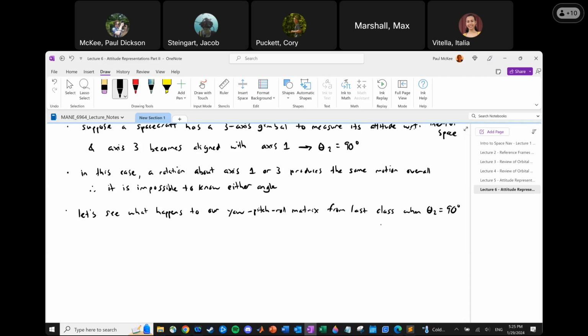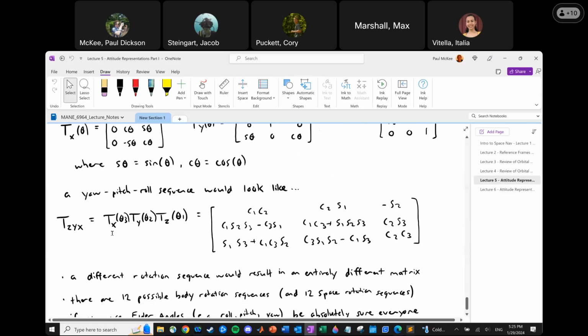So just as a reminder, and here I'm going to tab back to this in a second, we had this big ugly matrix at the end of lecture 5, which is our yaw pitch roll matrix, which looks like this. And if we know that theta 2 is 90 degrees, then all of our C2s are going to be 0, right? Because cosine of 90 is 0. And all of our S2s are going to be 1, right? Because sine of 90 is 1.